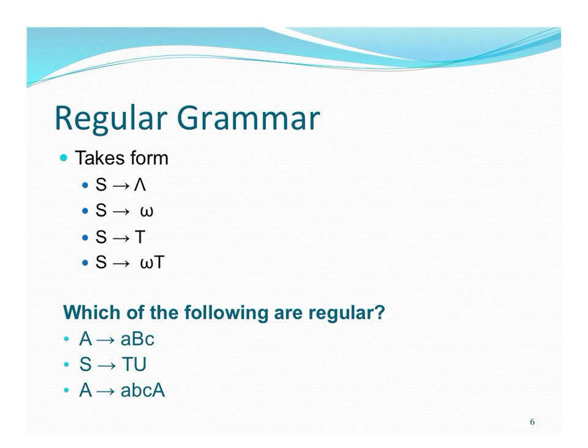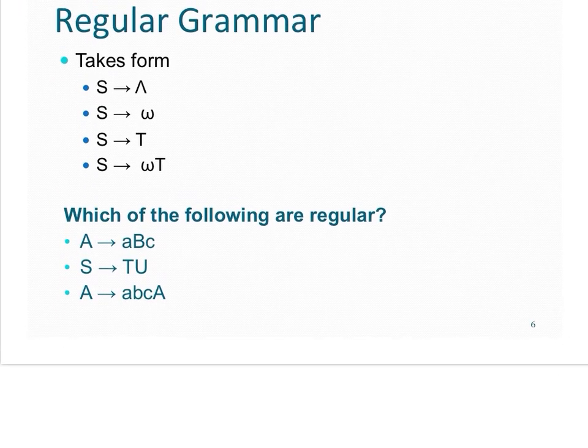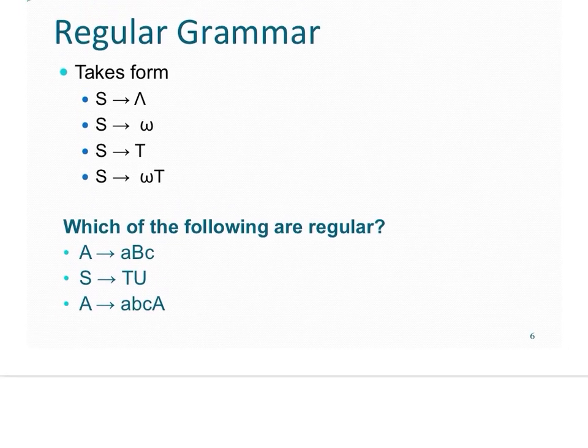Okay, so we've talked about these rules that tell you what makes a grammar a regular grammar. Let's look at these examples and see which of these are regular. Well, this first one is not regular because it's got that capital B, a non-terminal, in the middle, which is not at the far right of the right-hand side of that production rule.